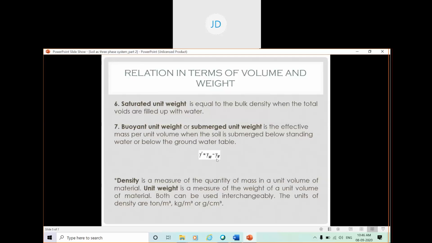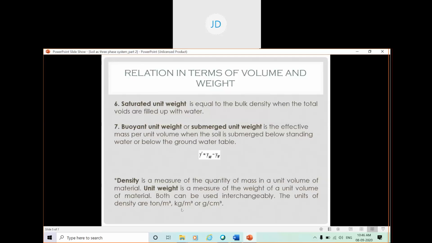Density is a measure of the quantity of mass in a unit volume of material, whereas unit weight is a measure of the weight of a unit volume of material. So density is a measure of mass and unit weight is a measure of weight per unit volume.